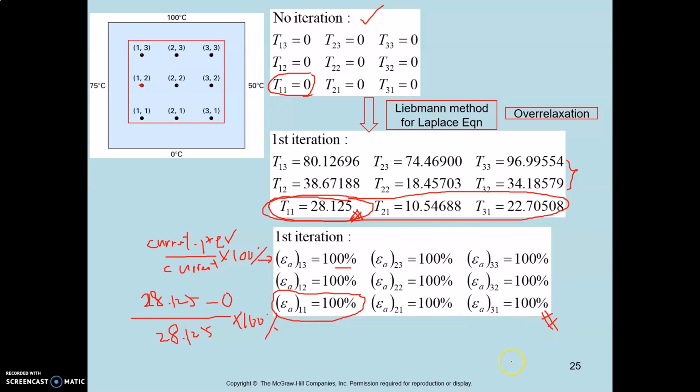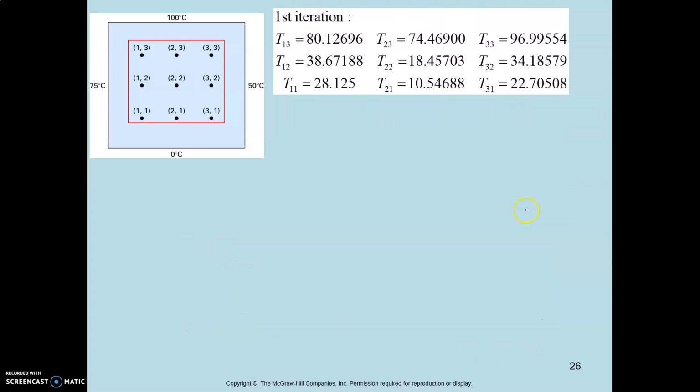So we cannot stop, because our stopping criteria should be less than 1%. So we need a second iteration. This is the first iteration result.